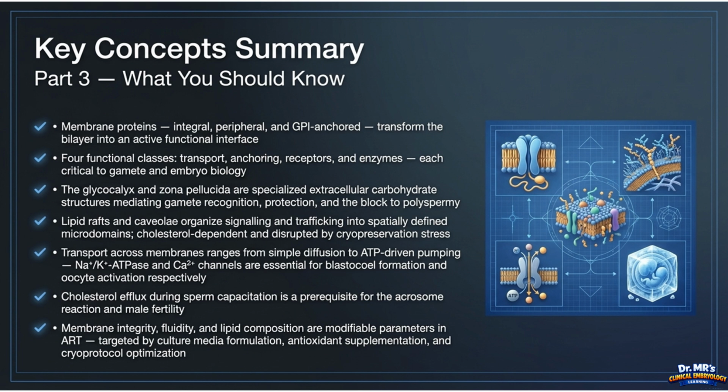Calcium channels and sarcoendoplasmic reticulum calcium adenosine triphosphatase pumps generate and sustain the calcium oscillations that activate the oocyte, and aquaporins determine water flux rates during osmotic challenges in vitrification. Cholesterol efflux during sperm capacitation is mechanistically required for acrosome reaction competence. In vitro capacitation protocols that use albumin or methyl beta-cyclodextrin are directly mimicking this cholesterol removal step.